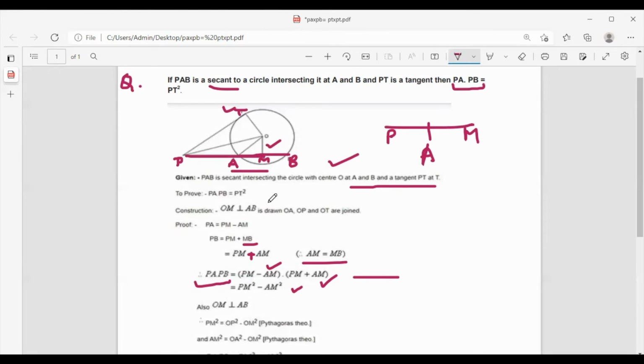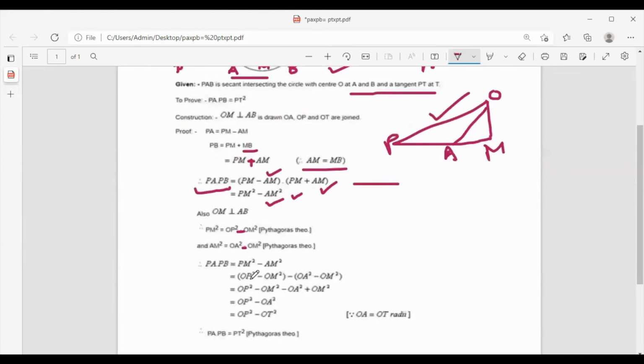To find PM square, with P, O, and M in the diagram, PM square will be OP square minus OM square. In the same way, AM square will be OA square minus OM square.